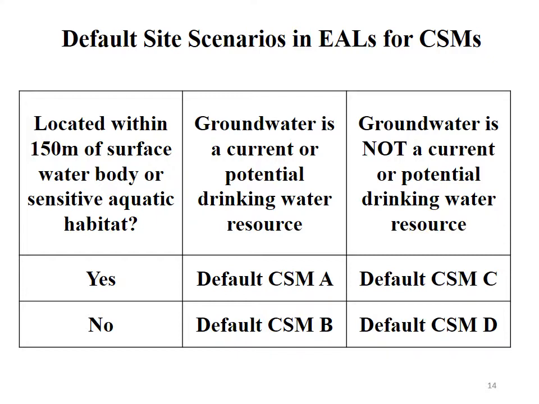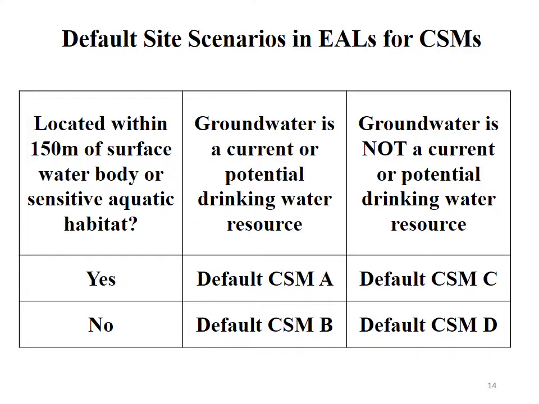And also, is the site located in an area where groundwater is a current or potential drinking water source or a non-drinking water source? So these factors are default site scenarios in which we have separate environmental action levels designed, in some cases separate EALs for these different characteristics.